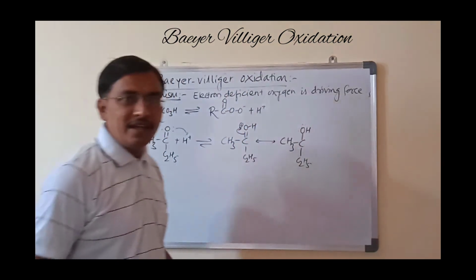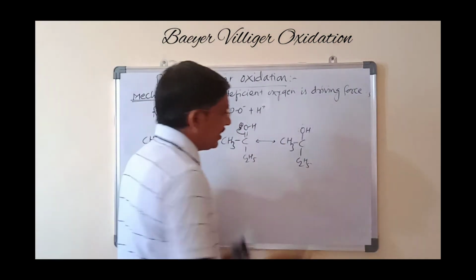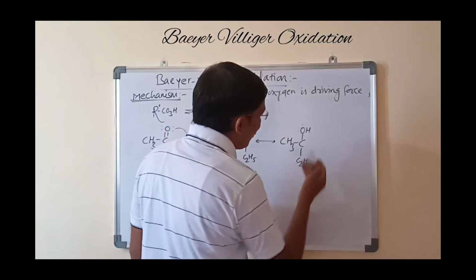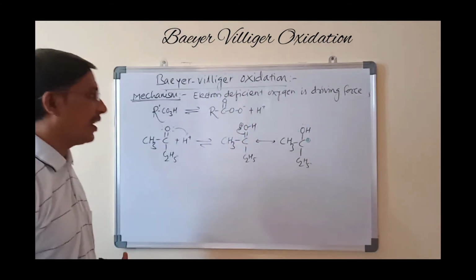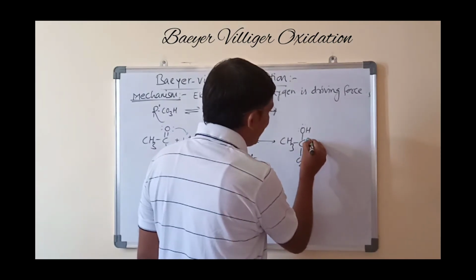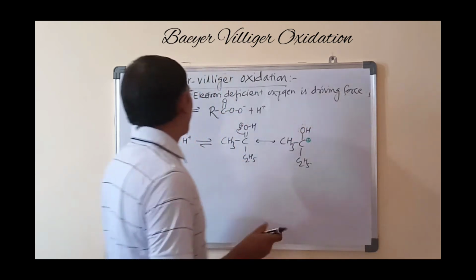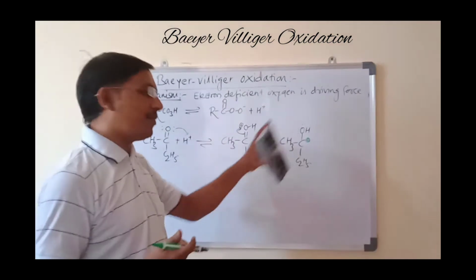Now see here, due to shifting of this electron towards this oxygen, this carbon becomes electron deficient. That is shown by the positive charge. Once that carbon becomes electron deficient, the nucleophilic species, that is RCOO minus, will attack on this carbon.